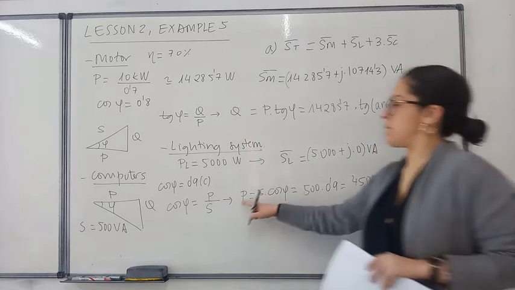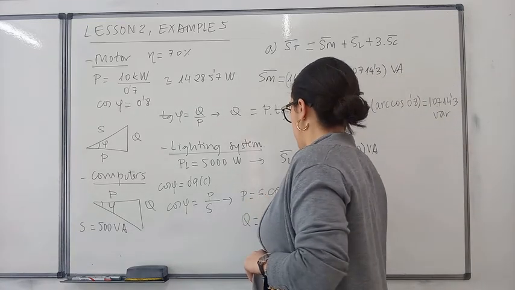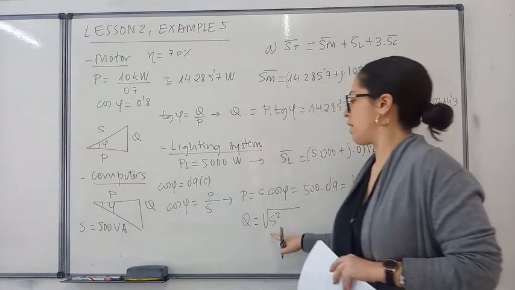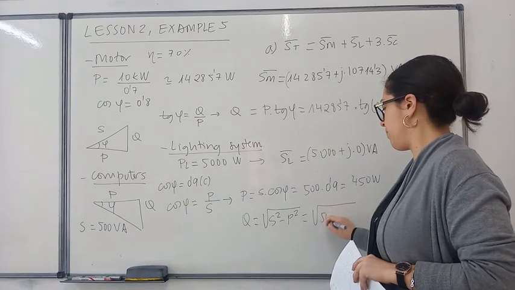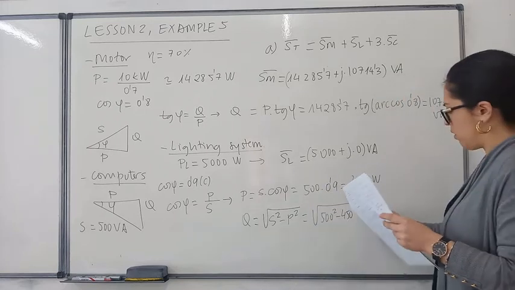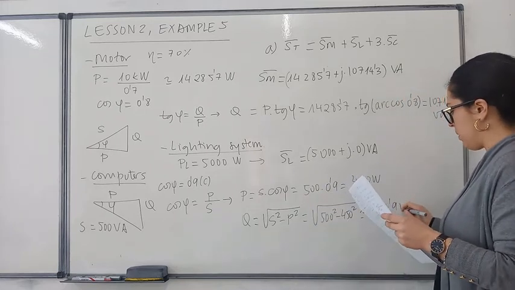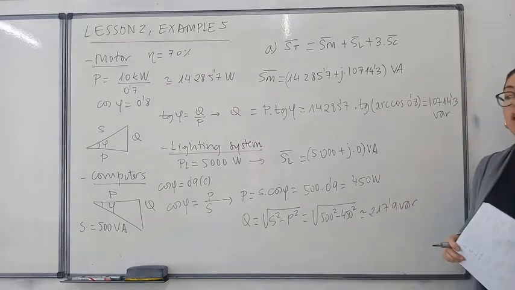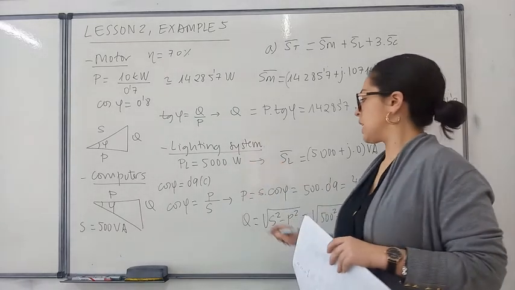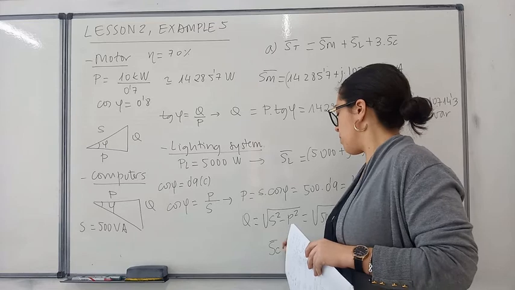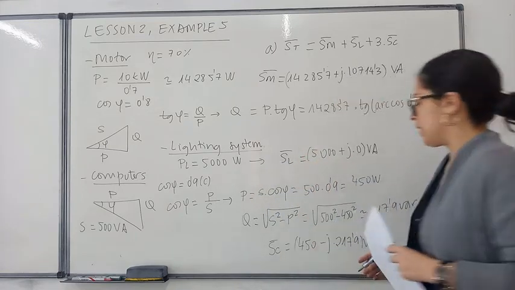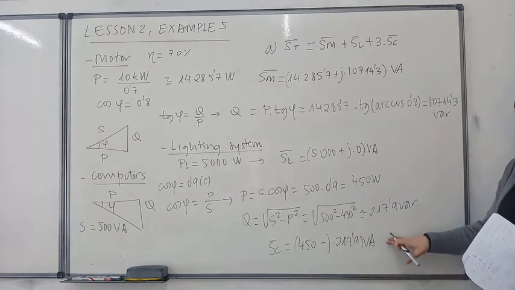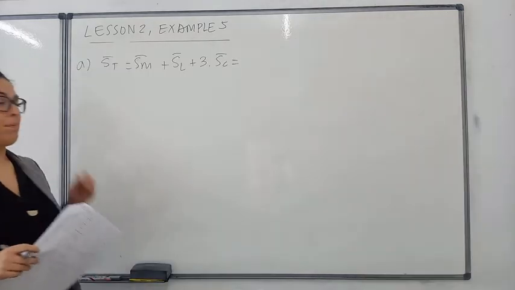Now that we have the active power, the reactive power would be the square root of the apparent power squared minus the active power squared, which gives 217.9 voltamperes reactive. So that means that this is the apparent power of one computer. Remember that the units are voltamps.